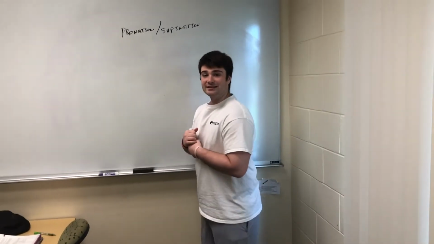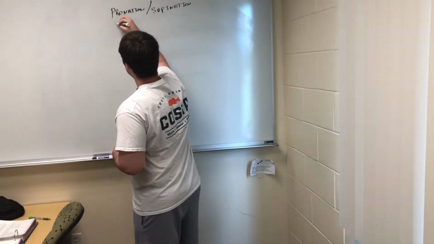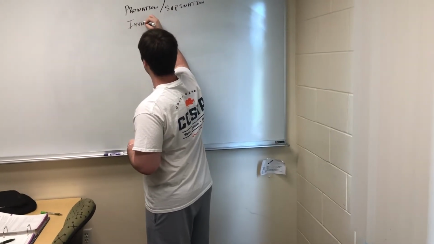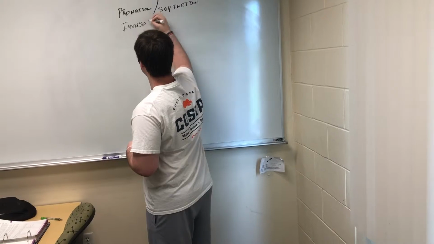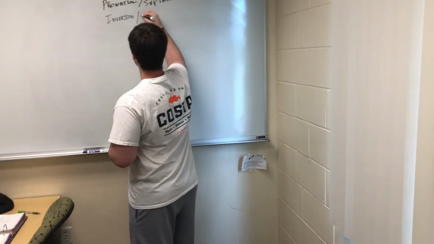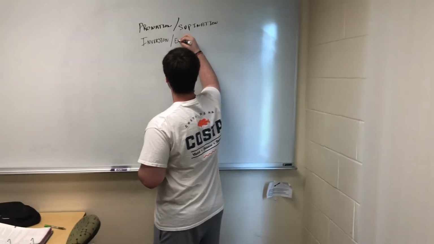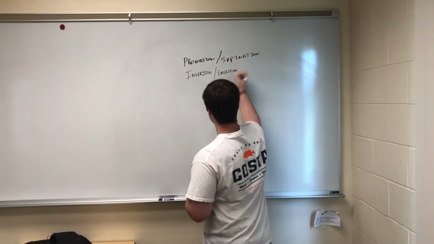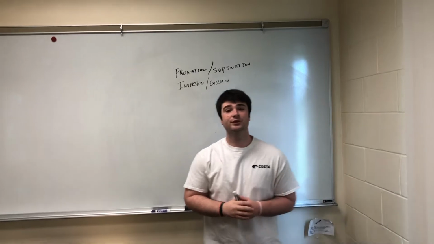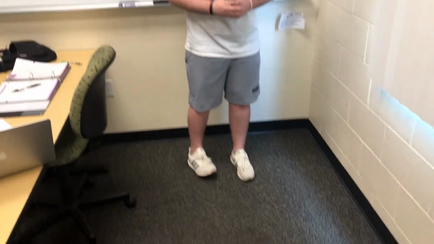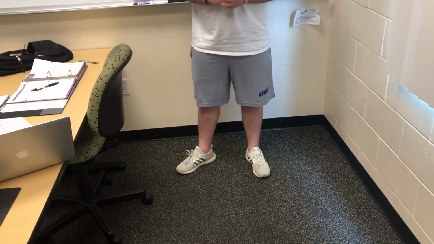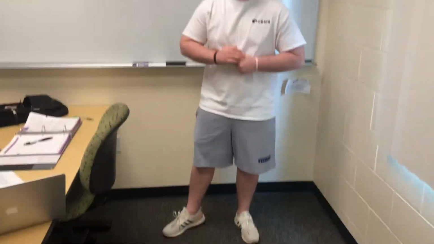The next one we have is inversion and eversion. This can happen at the foot. Inversion is turning it towards the midline right here. Eversion is turning it out away from the midline.